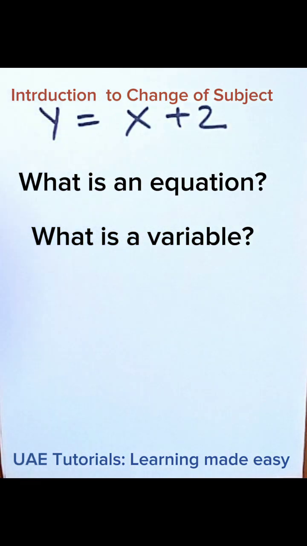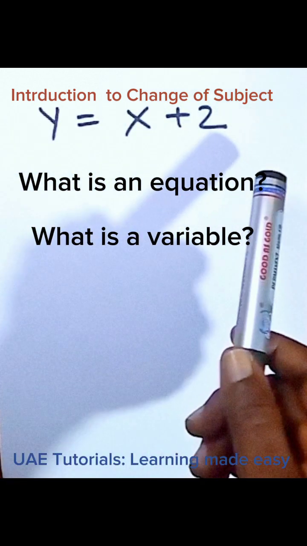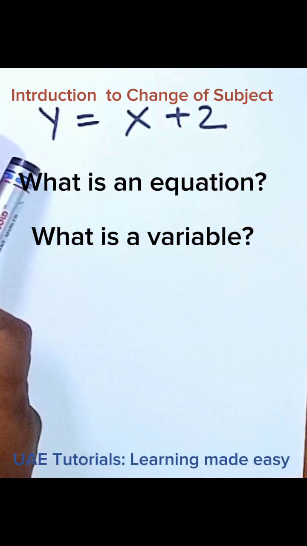Now, one of the reasons why we have equations is to describe things that we cannot see or that we cannot observe directly. What I mentioned earlier is, in this simple equation, we are assuming that y is an unknown.